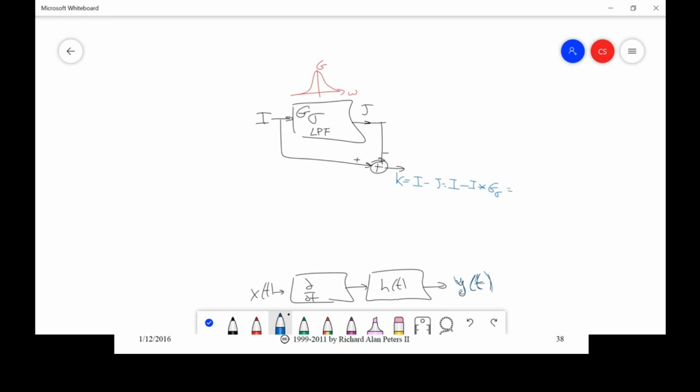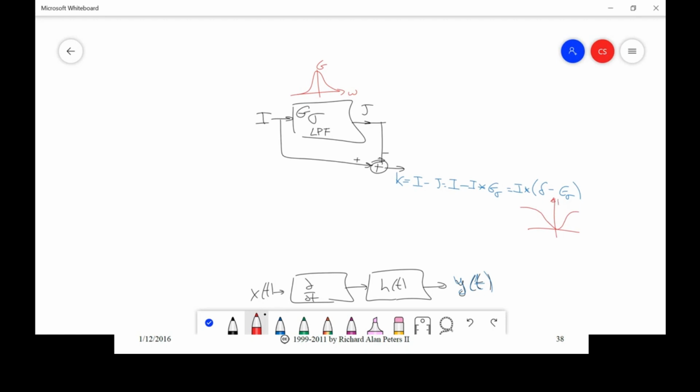So this is the same as I convolved with delta minus G sigma. What is this impulse response now? It is the opposite. It is the high-pass filter, the Gaussian high-pass filter.